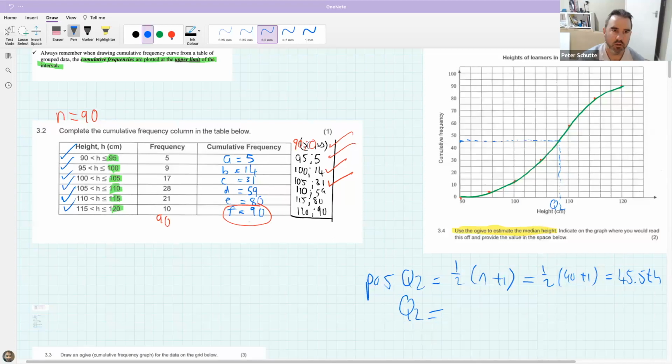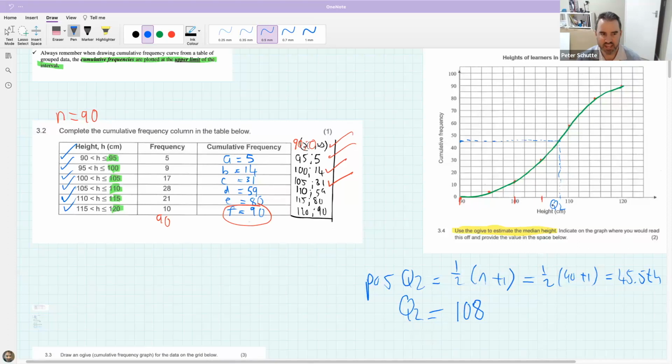Now you have to remember, you started this at 90 centimeters, and then you got to 100. 105 would be there. So what do you think that value is going to be? I think it's going to be about 108 or 109. I'm going to go with 108.